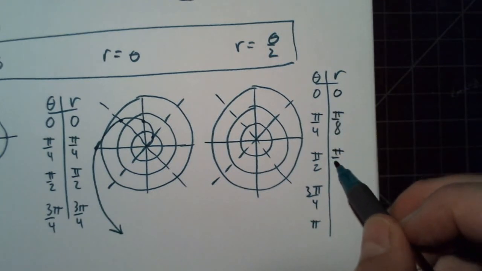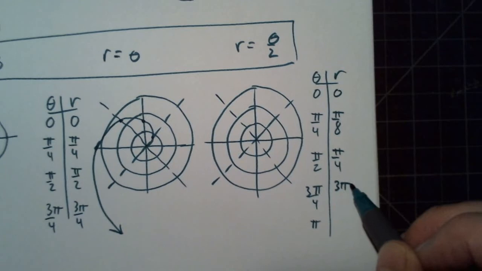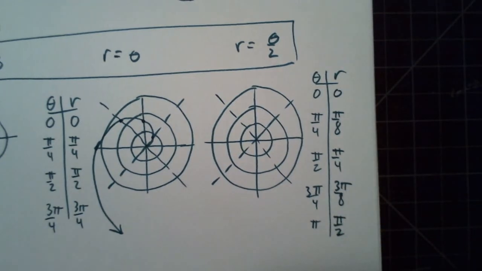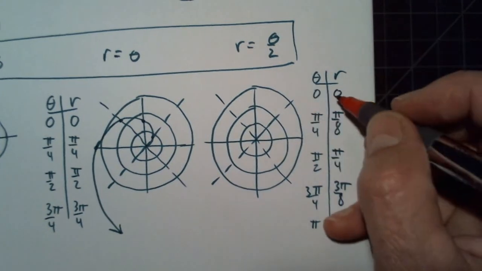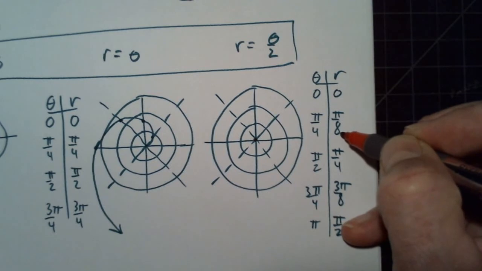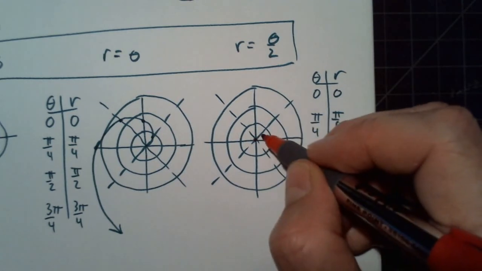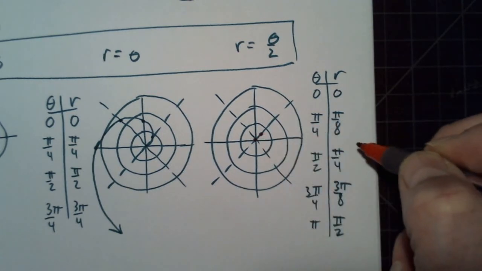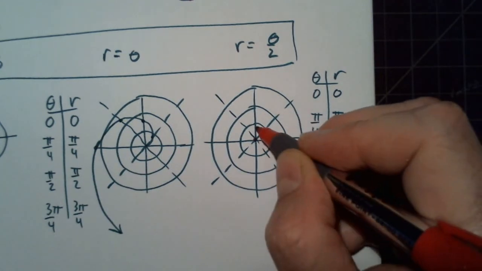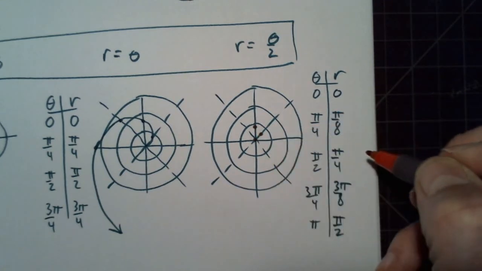Divide by 2. Divide by 2. And 0, 0. And then this is 3/8. So at pi over 4 will be around a half. Here we have 3 over 4. At pi over 2 we're at 3/4.